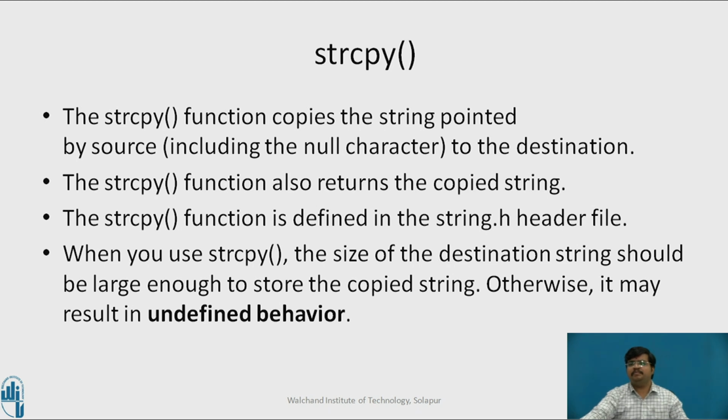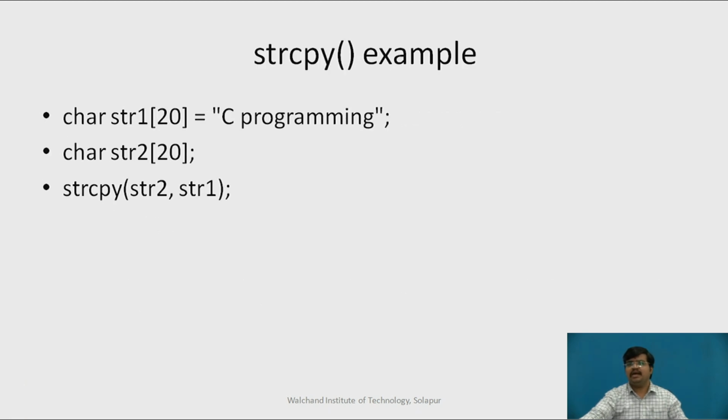This is an important point to understand: whenever we do a copy, the destination string must be large enough to hold the copied string. Otherwise, it will give an error. Example for strcpy: char str1 of 20 is equal to "C programming", which is one string.